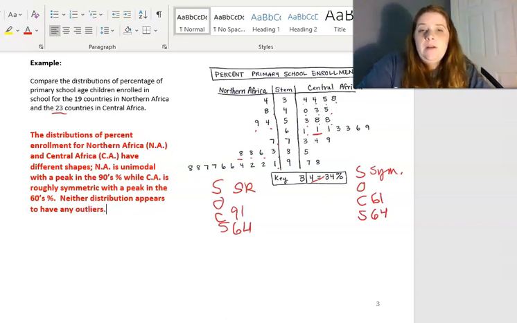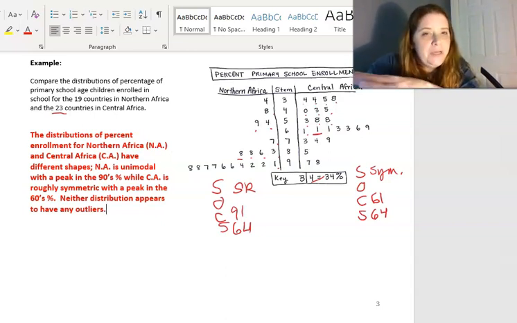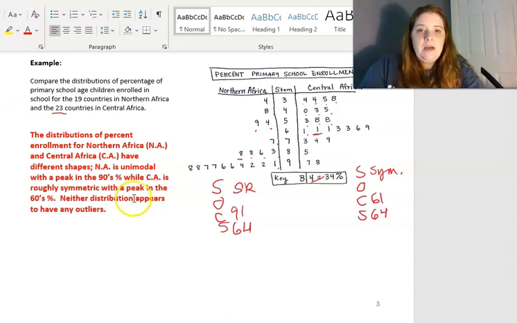Okay. One thing you might want to mention is that Northern Africa does have a pretty big gap. We have a stem of 6, so we have no values. It actually looks like the numbers from 59 up to 77.